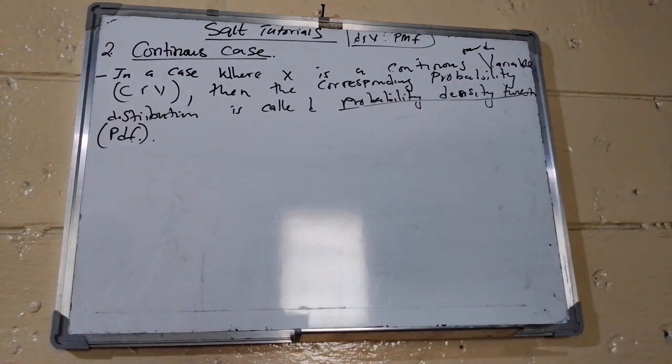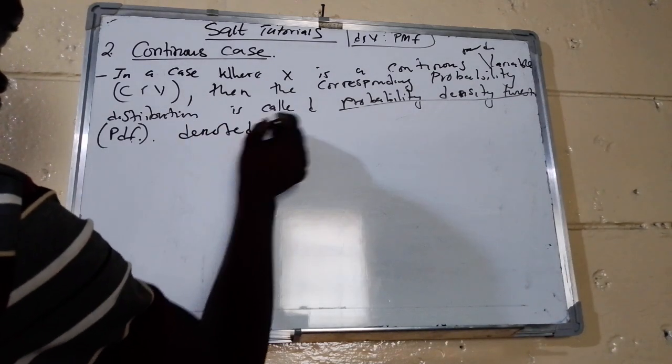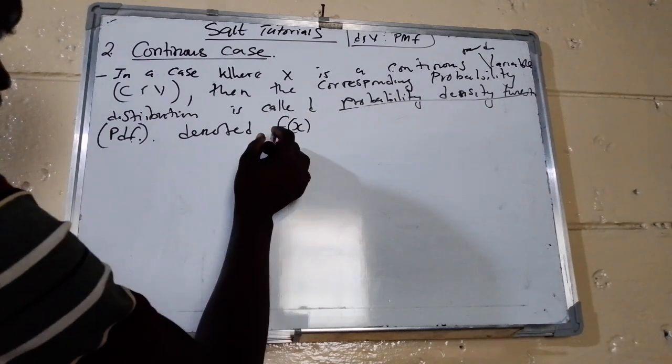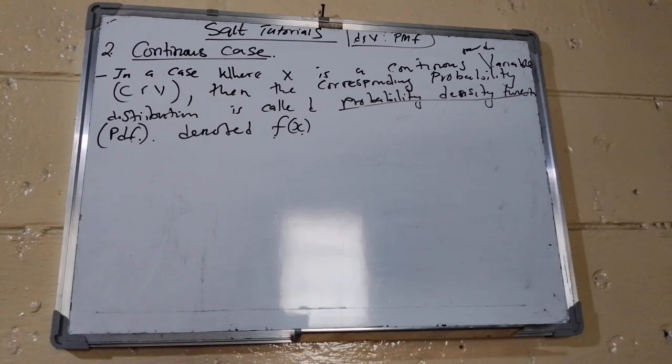So that is the understanding you're supposed to take note of. The PDF in this case is basically denoted by f of x, with a small letter f. So any function given as f of x, where x is following a continuous case, is just called the probability density function, the PDF.